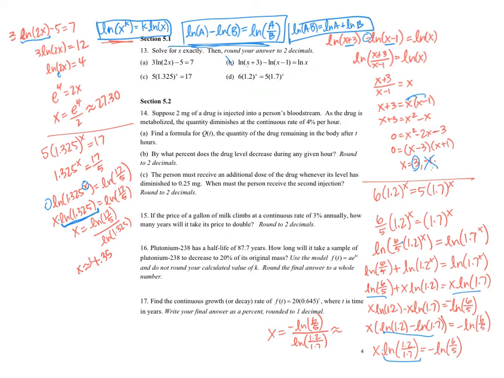And if I get a decimal approximation for that, I get 0.5234. So if I round to 2 decimals, that's 0.52. And that's my answer to part D.